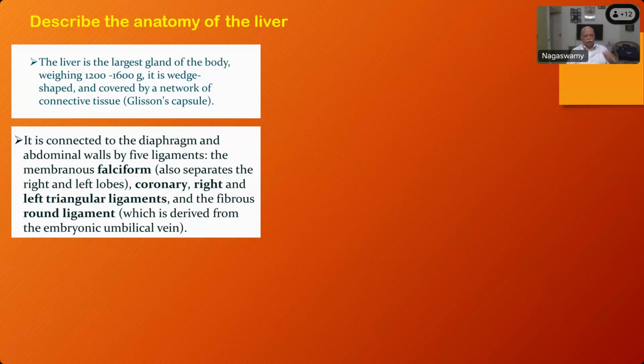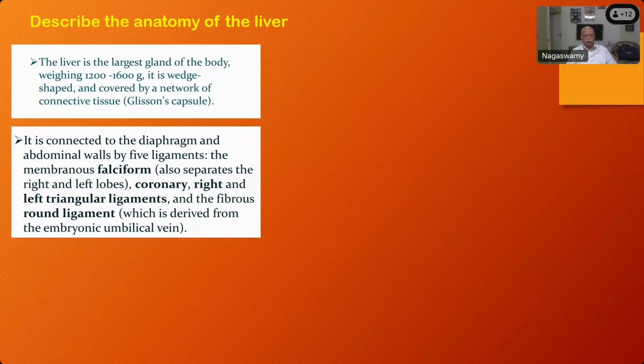And the fibrous ligament is the round ligament, which is the embryonic remnant of the umbilical vein. So there are totally 5 ligaments which are holding the liver in its place, attaching it to the abdominal wall as well as the diaphragm.